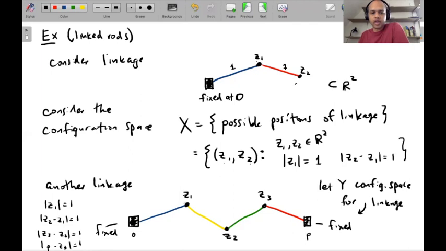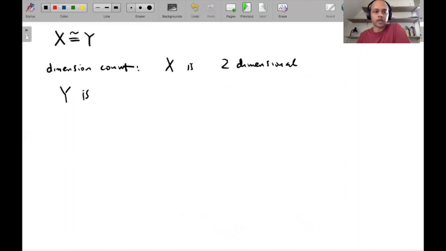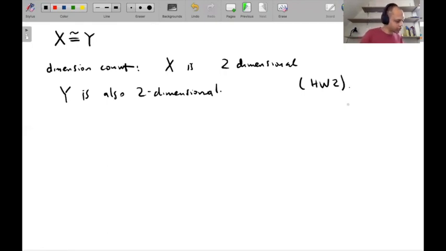So here you have the parameters. Z1, Z2, Z3, each are in R2. So that's 6 degrees of freedom. But then you have these 4 equations. And so that cuts it down by 4. And so Y is also 2-dimensional. Okay, so potentially they are topologically equivalent. And you'll think about this a little bit more on the next homework assignment.